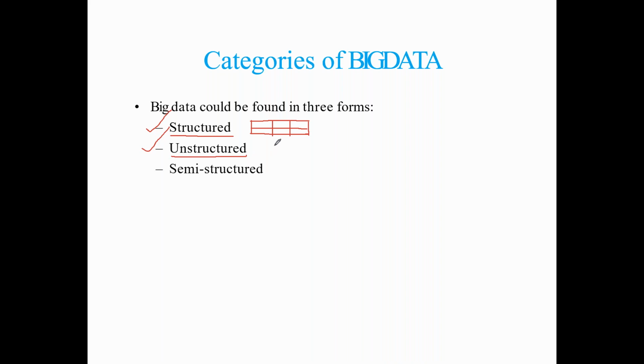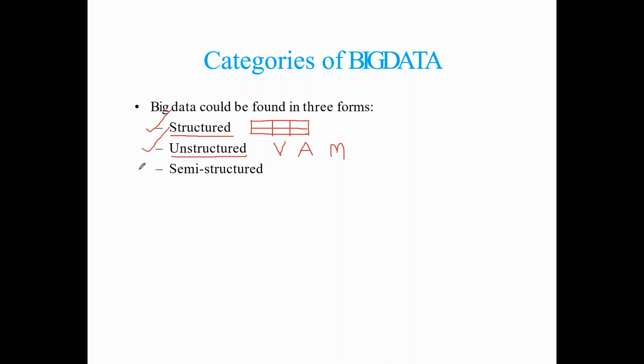They generate a huge amount of videos, so video is an example of unstructured data. And if you have the habit of listening to FM, what does FM generate? A huge amount of audio, so audio is also another example of unstructured data. And as a part of daily communication in offices, we typically use mail, so mail is also another example of unstructured data.